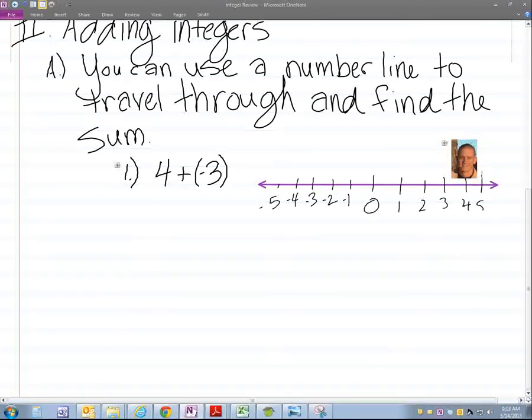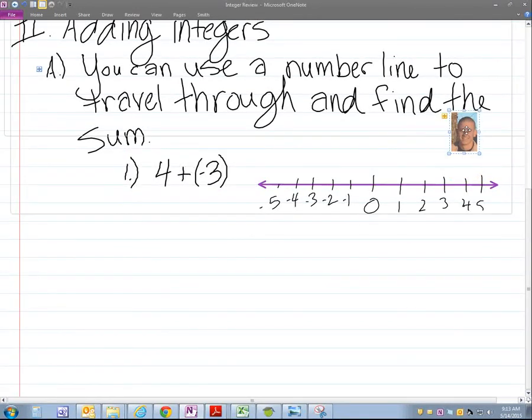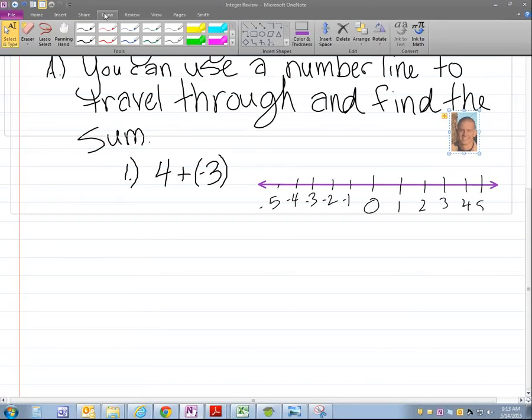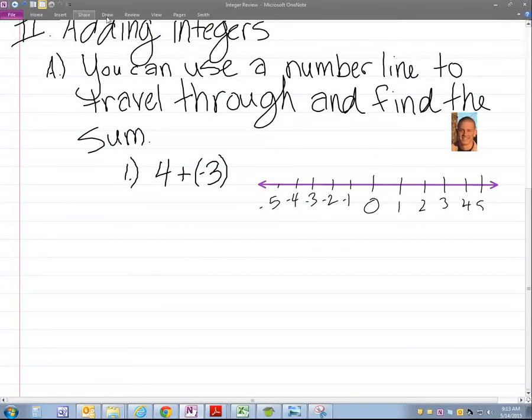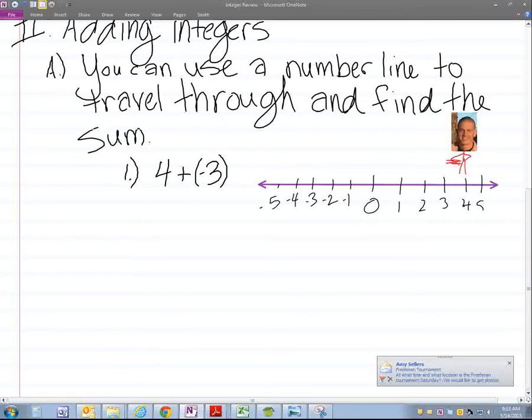Actually, I'm going to draw a little point so that we can see exactly where we are.